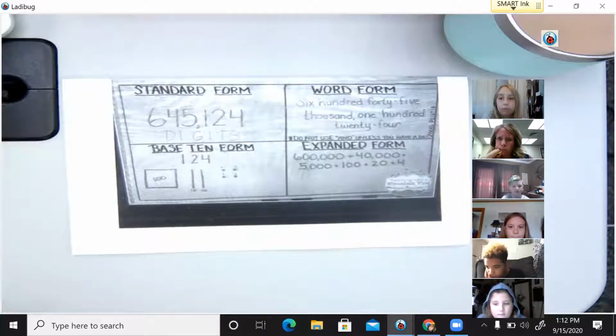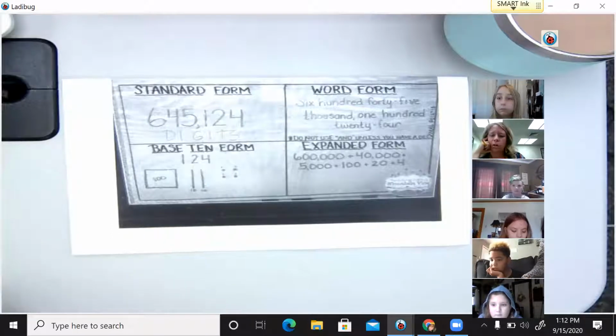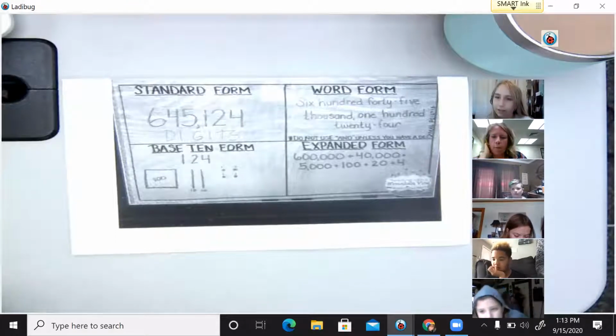Base 10 blocks are a form of showing what the number is by blocks. Right. So Sophia, do you remember any of the words that we use to describe them? What words do you remember about base 10 blocks?